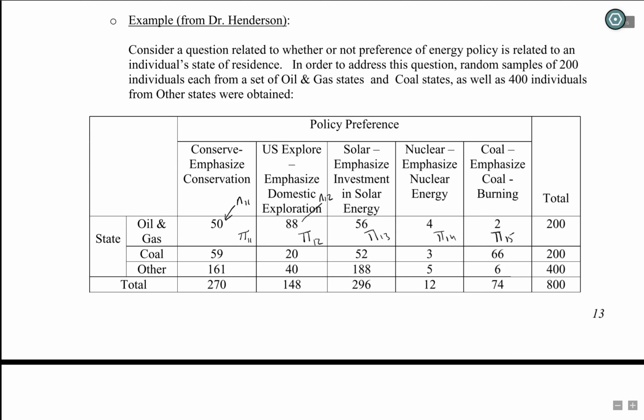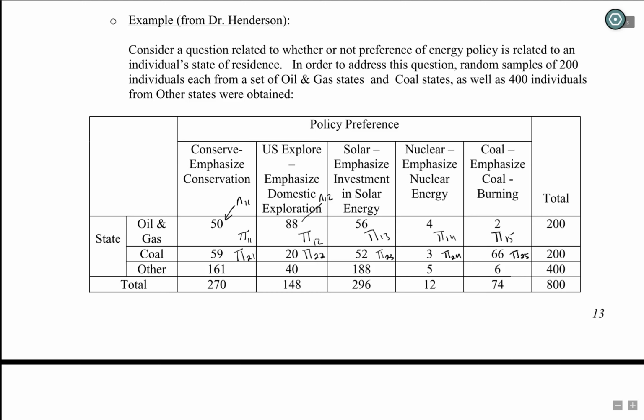Notice the first subscript denotes the type of state. For the coal row, there's a pi 21 that's generating the count 59, a pi 22 generating the count 20, and a pi 23, pi 24, and pi 25.